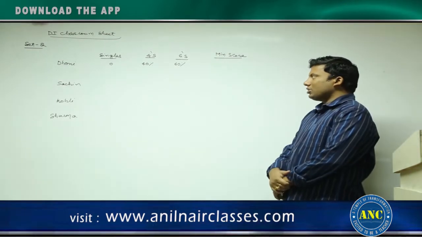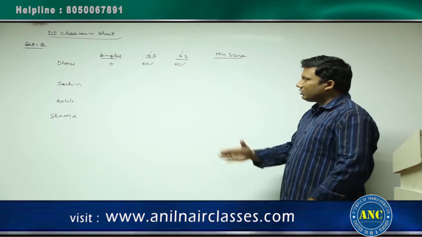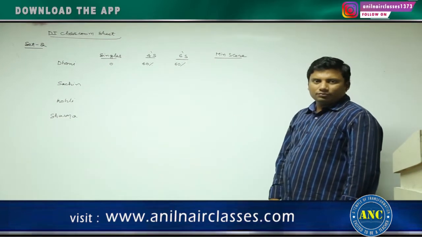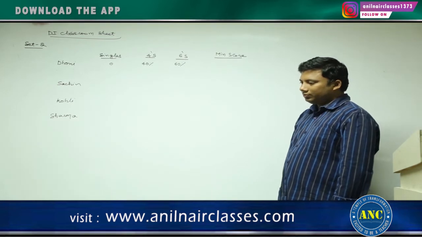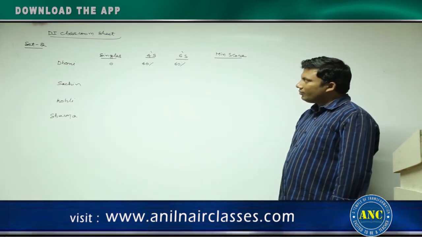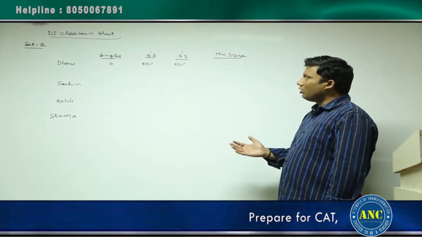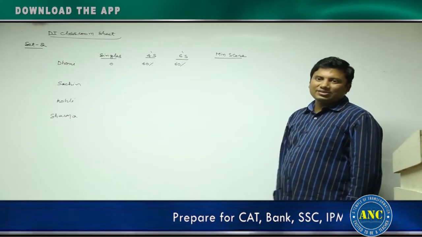If Dhoni scores 100 runs, he will score 40 runs using fours, that means 10 fours. How many runs will he score using sixers? 10 sixers.